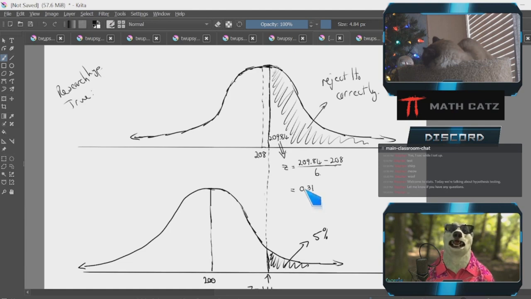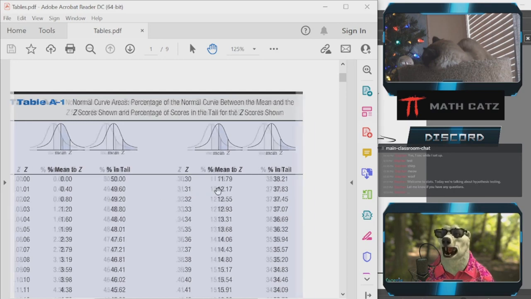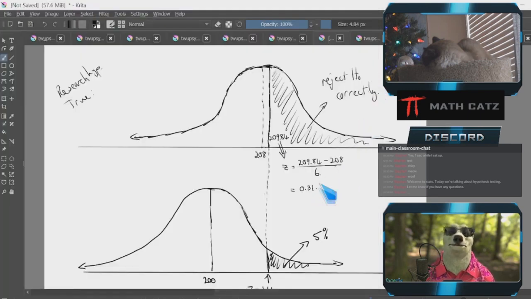So let's see what this area is for a z-score of 0.31. I have my table open over here. Percentage in the tail is what I'm looking for. Z-score 0.31 sits over here, 37.38%.